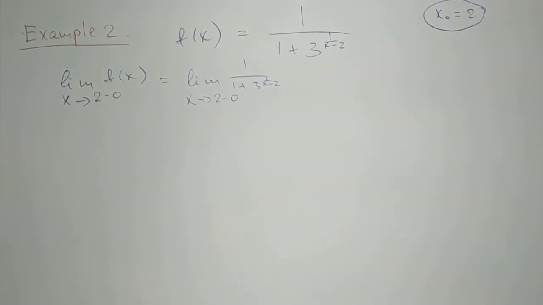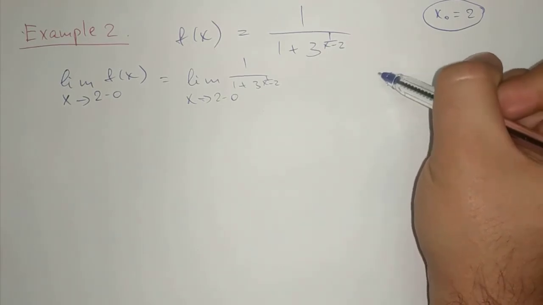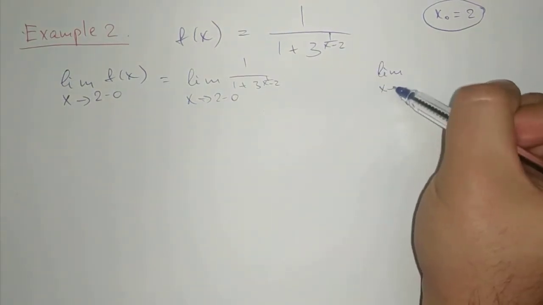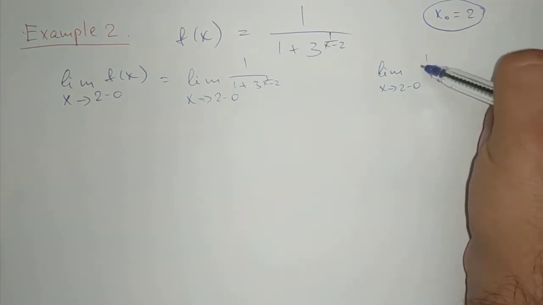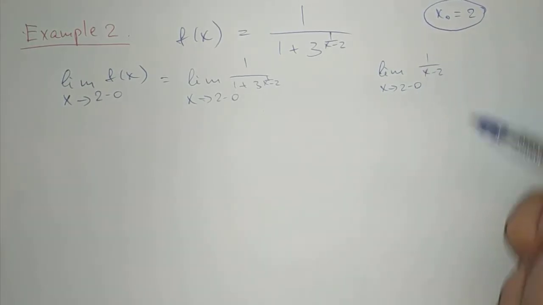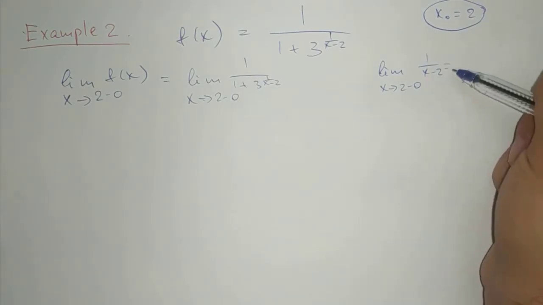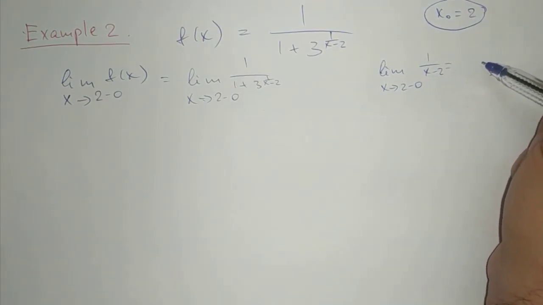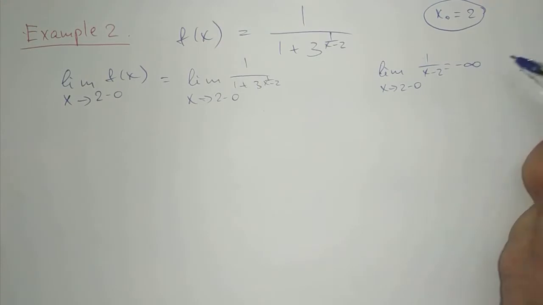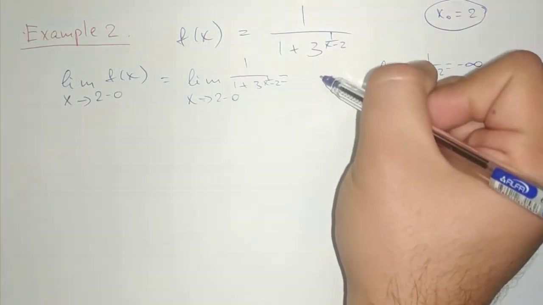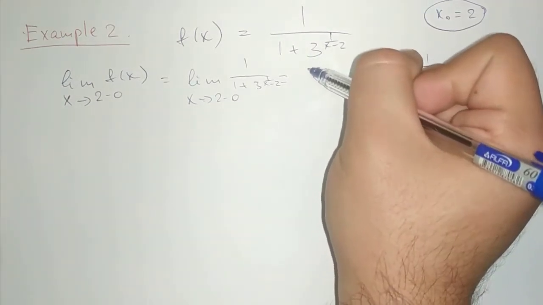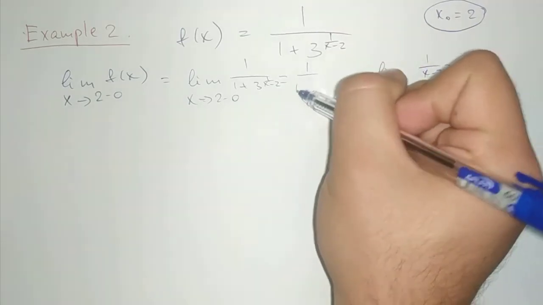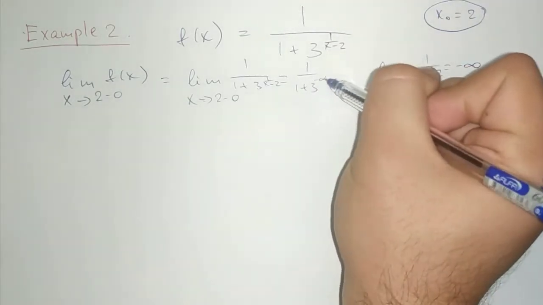Let's consider the limit as x tends to 2 minus 0, the left side of 2, of 1 over (x minus 2). Here we have minus infinity. So in this case we get 1 over 1 plus 3 to the power of minus infinity.